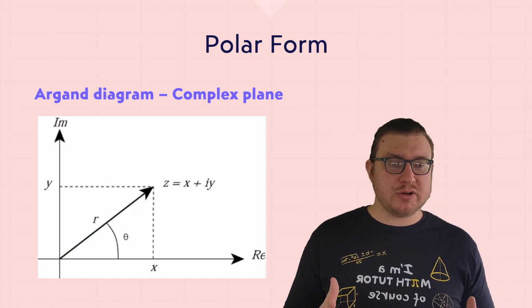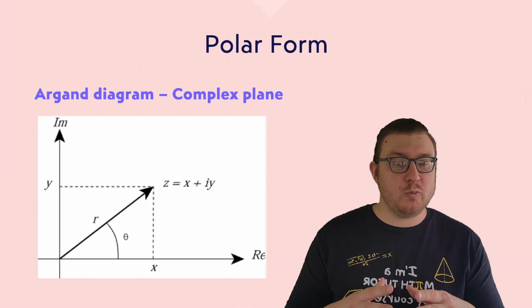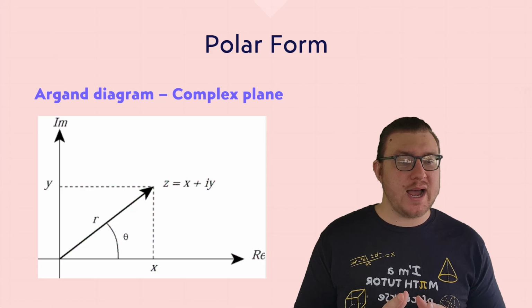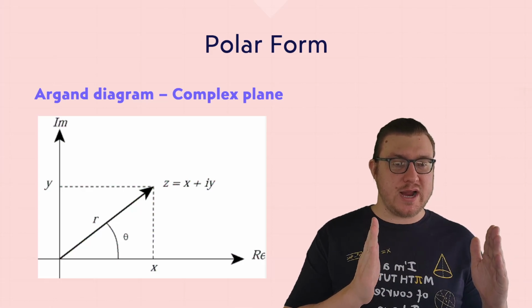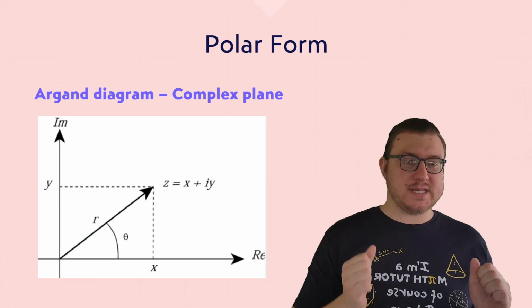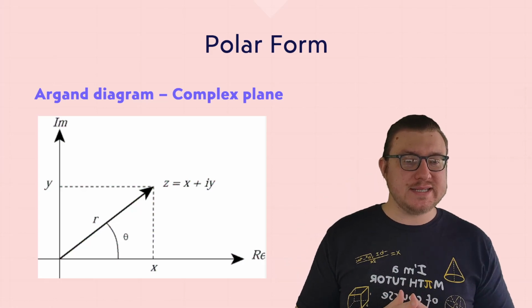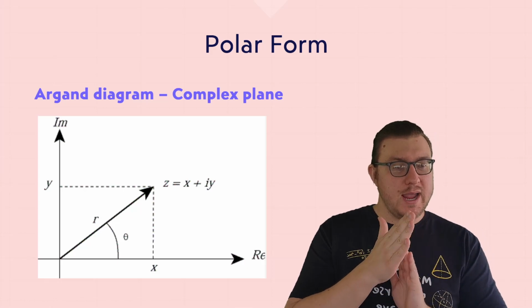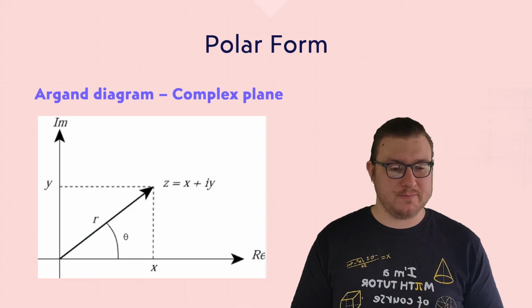Now let's go back to our diagram that we've just had, and we can see that the same complex number, x plus yi, where we went x steps to the right and y steps up, can be represented by showing us the angle theta, where to go, and r, how far to go.